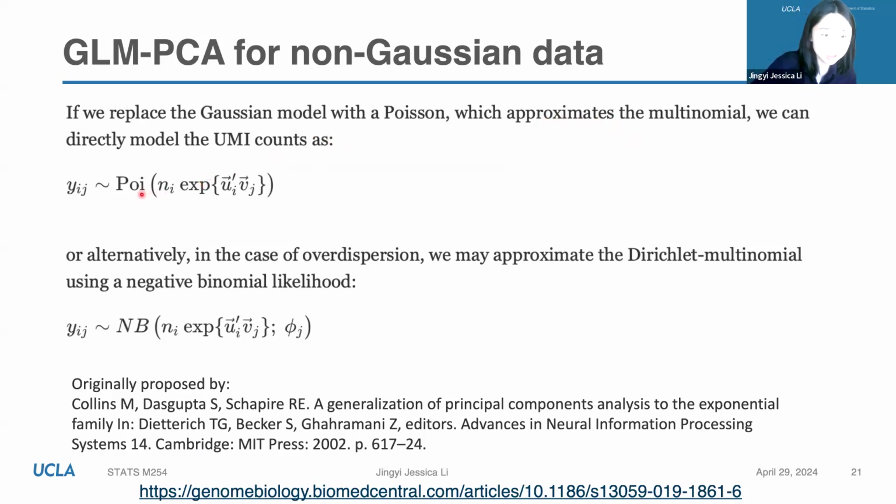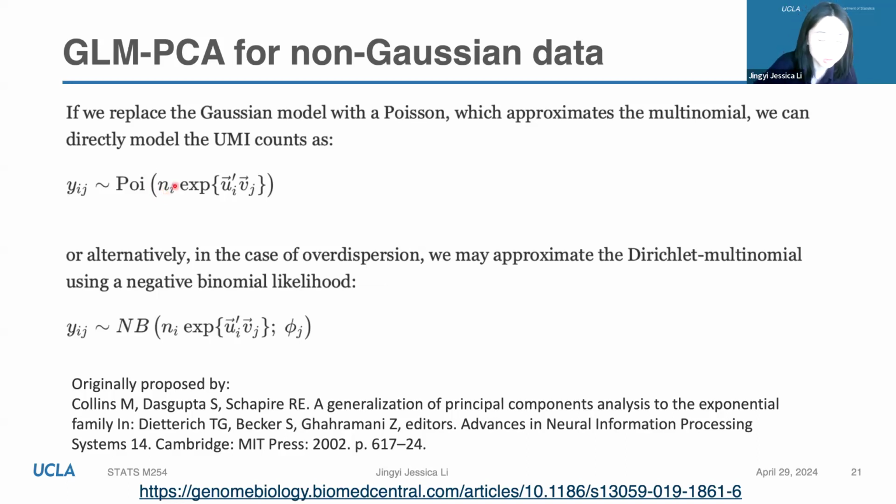So for Poisson, the authors consider Y_ij, the UMI count of gene j in cell i, to follow a Poisson distribution, where N_i is cell i's library size, the total UMI count.